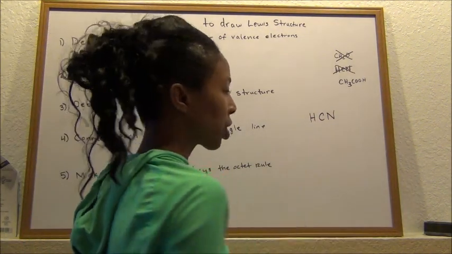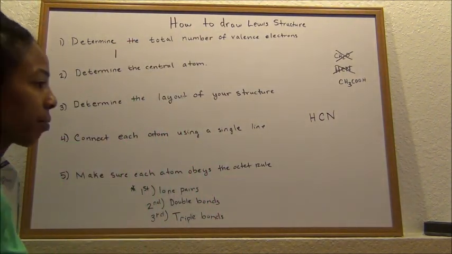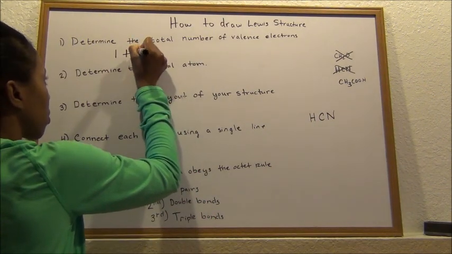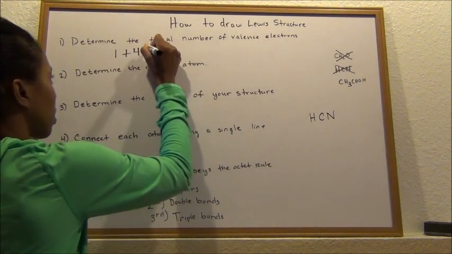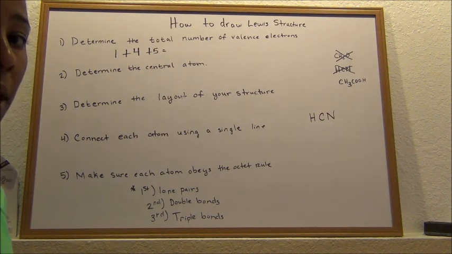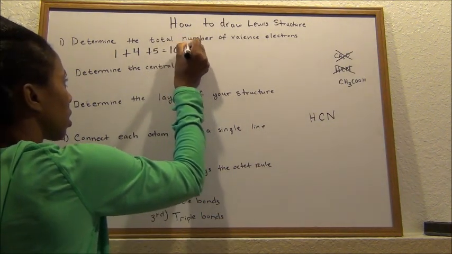Okay, so hydrogen has 1 valence electron, so we're going to write a 1 here. Carbon has 4 valence electrons, so we're going to write a 4 here. And nitrogen has 5 valence electrons, so we're going to write a 5 here. And the total amount of valence electrons is 10.